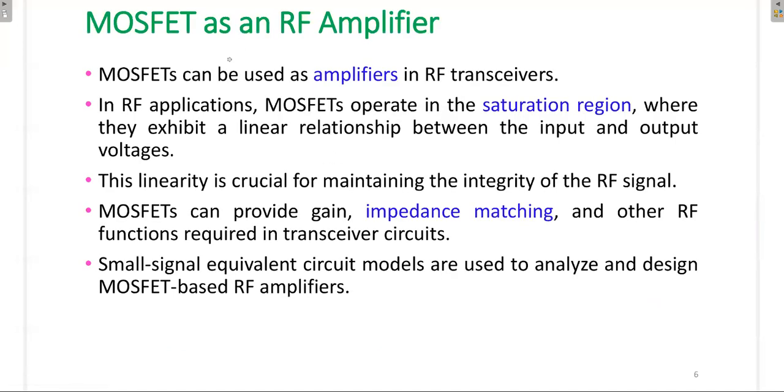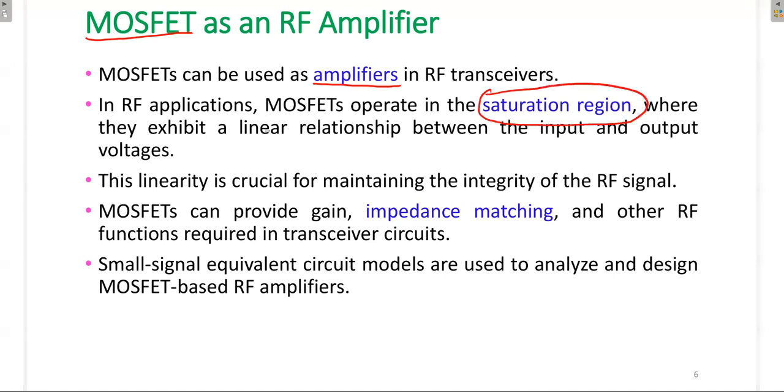Then how to use MOSFET as an amplifier? We know that an amplifier can be designed with the help of any transistor. Usually we design amplifiers with the help of BJT, but now here we are designing an amplifier with the help of MOSFET. So MOSFET is also a transistor that can be used to design amplifiers in RF transceivers. MOSFET is usually operated in the saturation region.